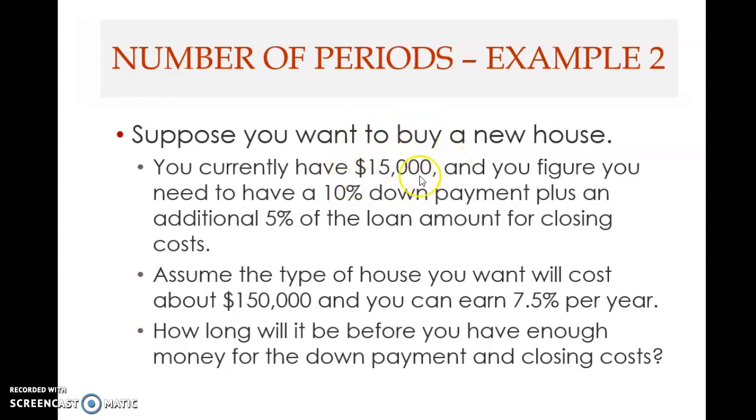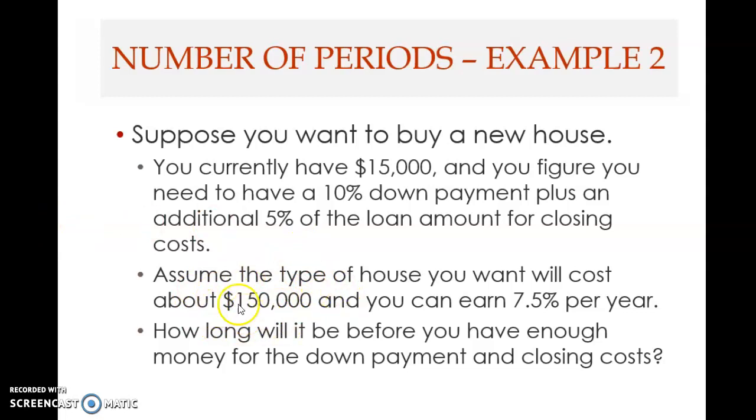What do you have? This is the present value. What else is known? You know the interest rate, 7.5% per year. That is known. Now, what is the future value? Future value, you do not know yet. It's not given directly. It's not 150,000.